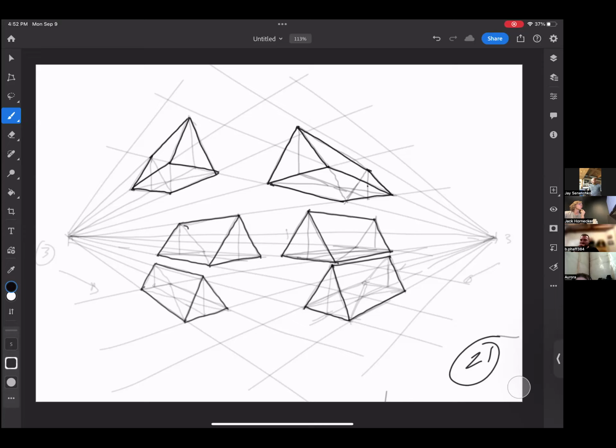Can you use MS Paint? Sure. No, I mean, I do everything in Photoshop, so Photoshop is fine. I know Procreate works just fine as well. I'm not familiar with Illustrator enough in order to say whether or not it's fine. There's another one that I've used and I can never remember the name of it.